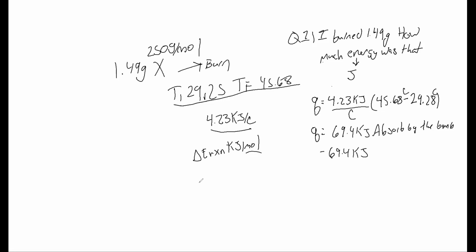However, that's only part of my answer. I want to know how much energy is released when we blow up 1 mole of compound X. So far, I found out that you get 69.4 kilojoules of energy when you explode 1.49 grams. So the units you can do is kilojoules per gram.